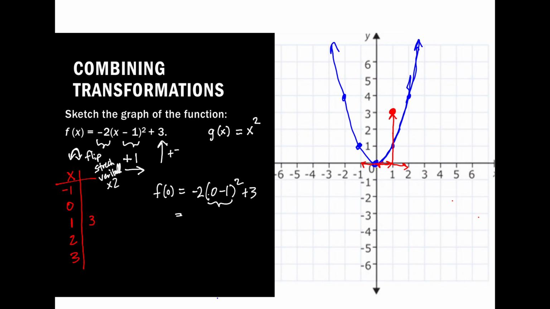So doing this first, this is negative 1 squared. And negative 1 squared is positive 1. So now I have negative 2 times positive 1. I carried out the square first. Then I do my multiplications, which by negative 2, so that's negative 2 plus 3. Negative 2 times 1 is negative 2. And negative 2 plus 3 is positive 1.